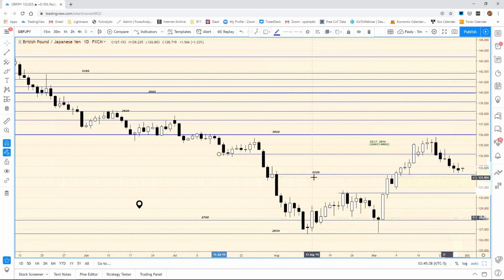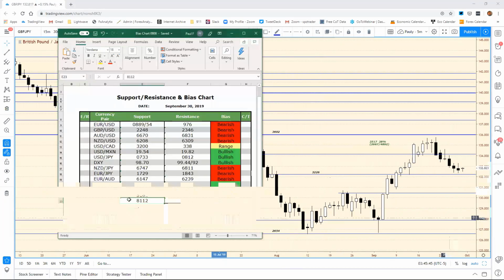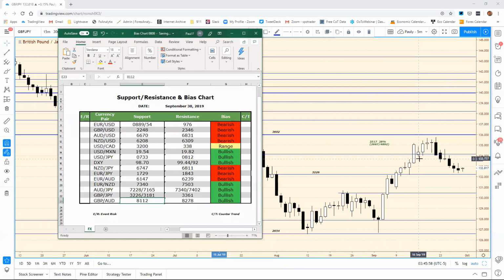But you can see 32.26 is a very key level here. Let's mark that off. We really need to mark that off. And on the upside, right there, 33.67. You do get some volatility in that guppy.